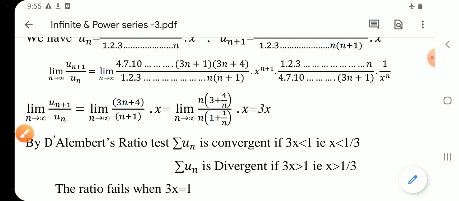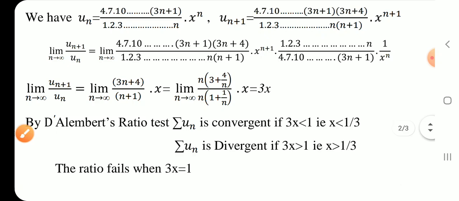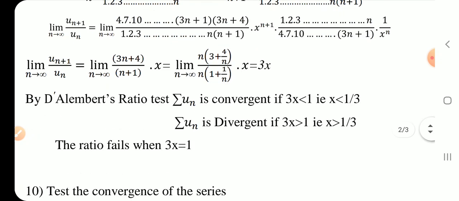So here the divergence or convergence of a series depends upon the value of x. We know that in our D'Alembert's ratio test, if the value of un plus 1 by un as n tends to infinity is some lambda greater than 1, it is divergent. If you get the value less than 1, it is convergent.